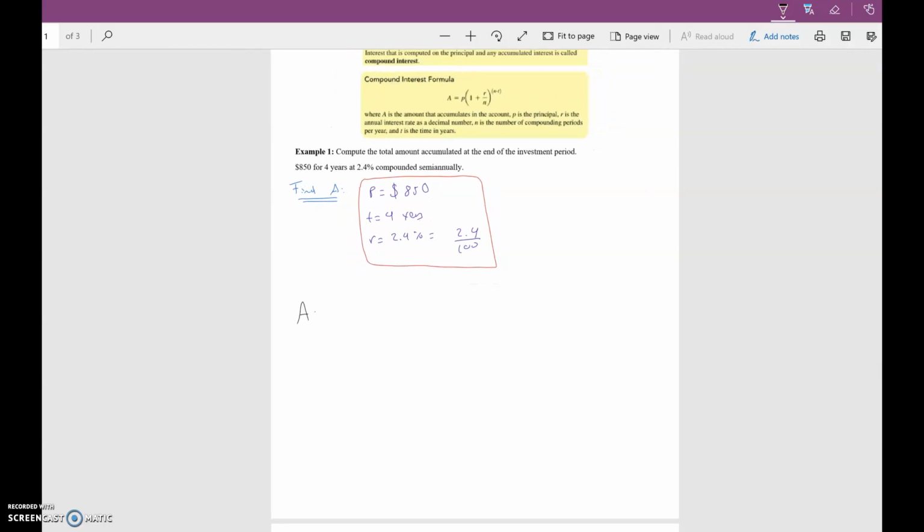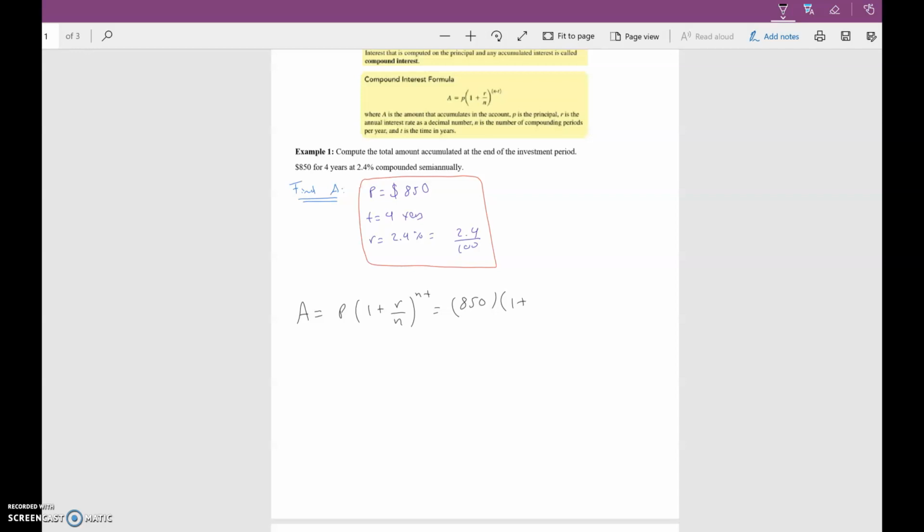So the value of A is equal to the following. Let me write the whole thing. This is P times 1 plus R over N, raised to the NT. So this is equal to 850 times 1 plus, and it's going to be best to express the interest as a decimal.